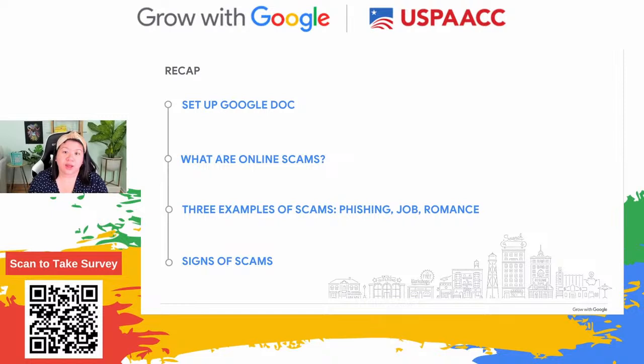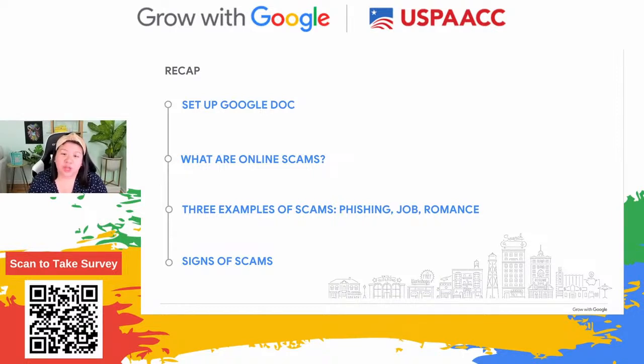We went through 3 examples of scams: an email phishing scam, a job scam, and an online romance scam. Finally, we reviewed the major warning signs of scams. While we did not cover every type of scam today, being able to recognize the signs will help you identify other types as well.